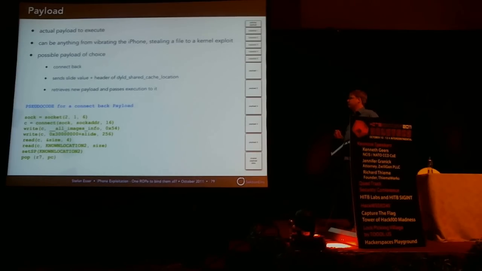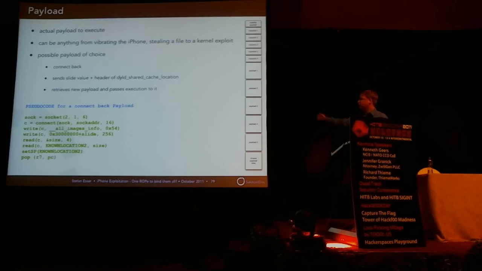I say cache in this case because in the cache, of course, you have 103 megabytes of data, and there are far more different gadgets you can use than in the dynamic linker, which is less than 30 pages long, in comparison to 103 megabytes of gadgets that you can use.